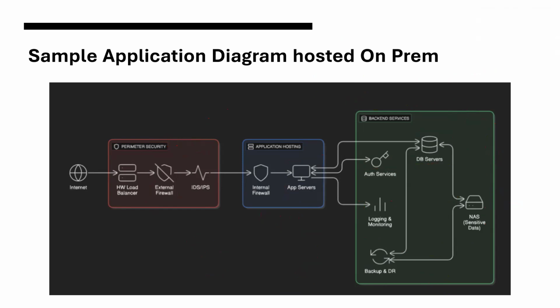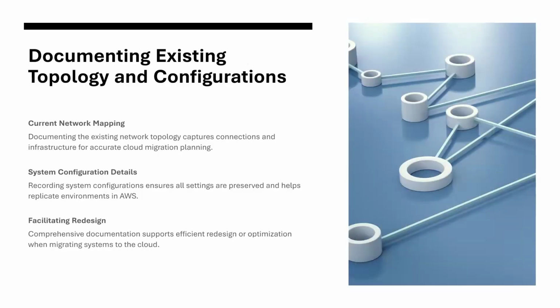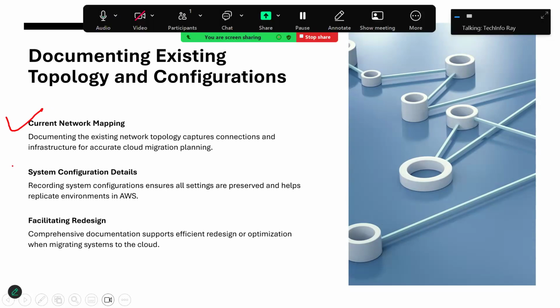You can understand how deep I'm going, deep diving into the application infrastructure. These things are how they are done in a real-time environment. All these things are discussed in that, right? Once you have all these detailed things about network and system configuration, this will really help you in facilitating the redesign and optimization of the existing applications, right?